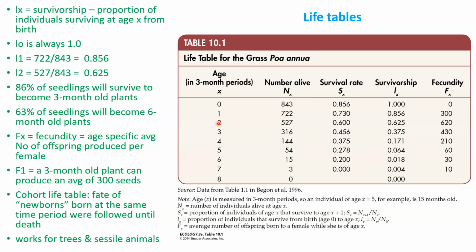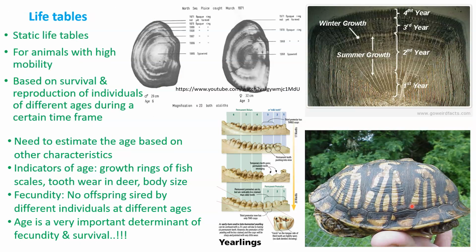Let's move on. And by the way, the formulas for these calculations are already presented at the bottom of the table, as you can see. So the other type of life table is called a static life table, right? That is applicable for many animals that are highly mobile. Most animals move around; they don't stay in place. So cohort life tables are hard to apply unless you put some sort of radio collar or transponder inside that animal, and provided that you have enough manpower to individually track each and every one of those animals.